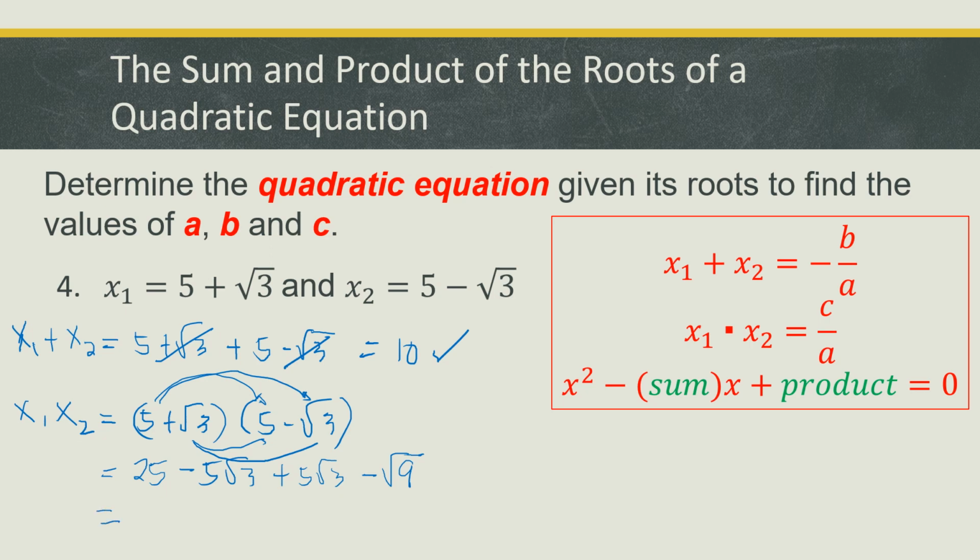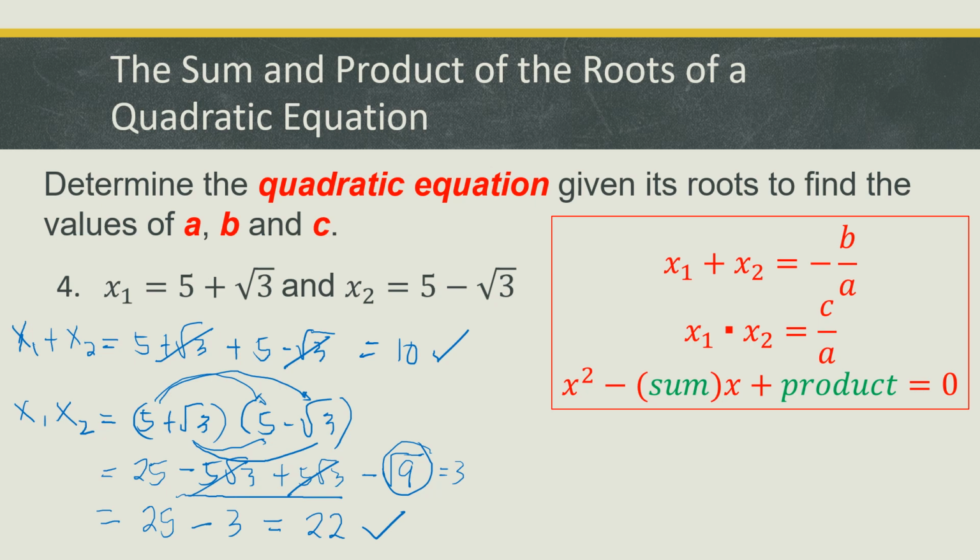So let us simplify. 25, negative 5 square root of 3 plus positive 5 square root of 3 are like terms, so this is 0. And negative square root of 9, take note that square root of 9 is 3. So we have now negative 3. The 25 minus 3 is equal to 22. This is now the product of the roots.